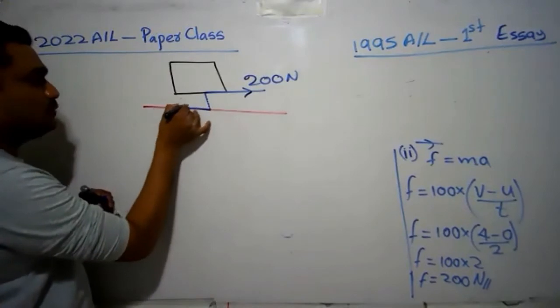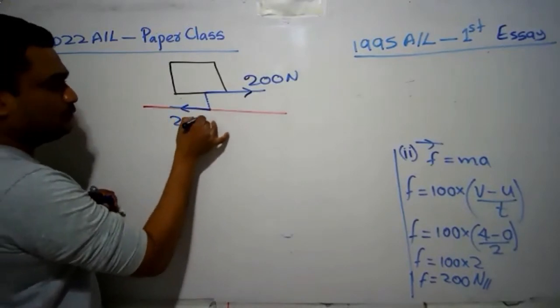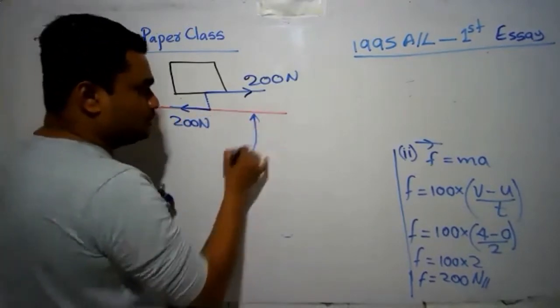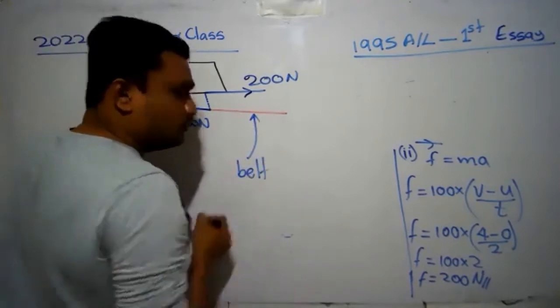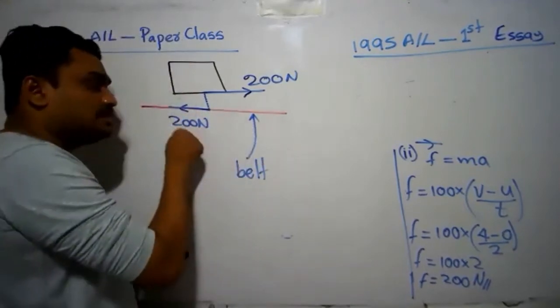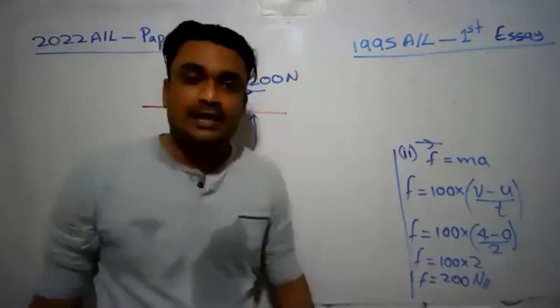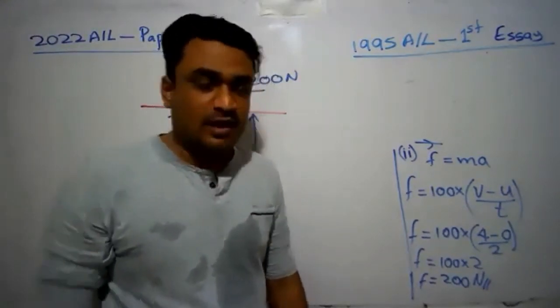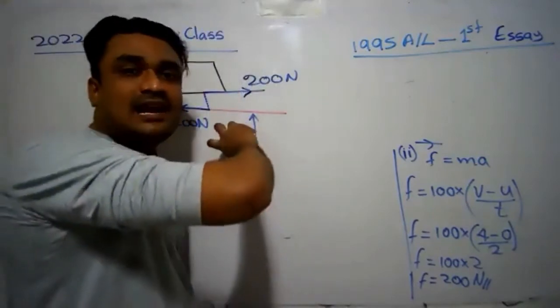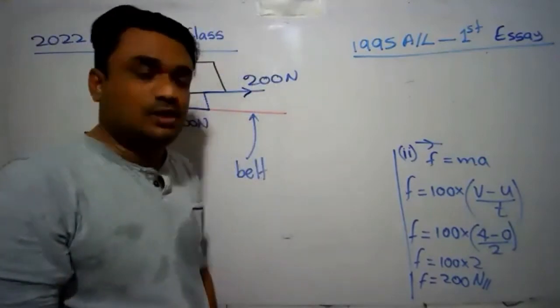So the box will give a 200 Newton force against the motion of the belt. Due to this 200 Newton force, the velocity of the belt may be reduced. Therefore, we have to give an additional force of 200 Newton to the belt.